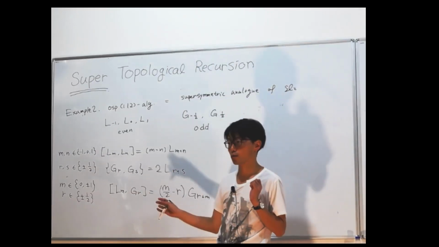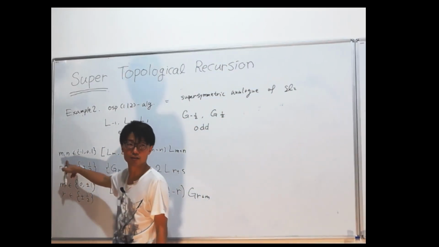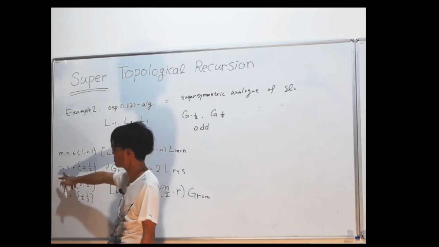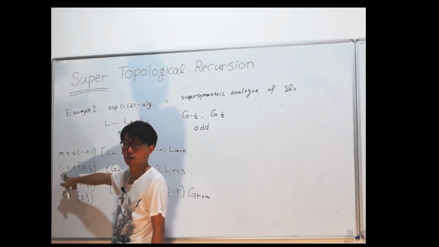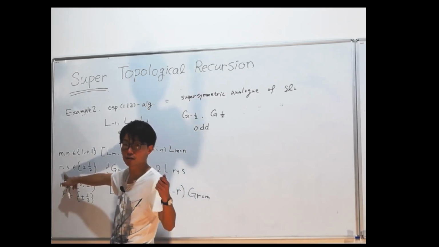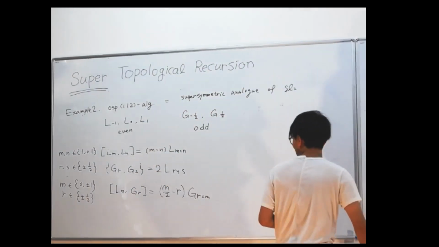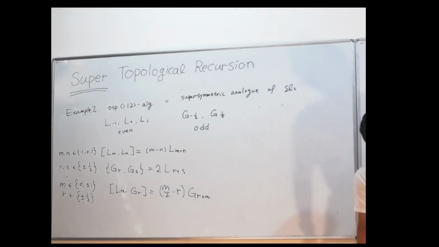But then you can ask the question: what if we generalize this m and n to any integer, plus or minus? In that case, maybe it's also natural to extend r and s to be all half integers. When I say half integer, it means integer plus half. And that is actually possible with a so-called central extension. And that's going to be example 3.